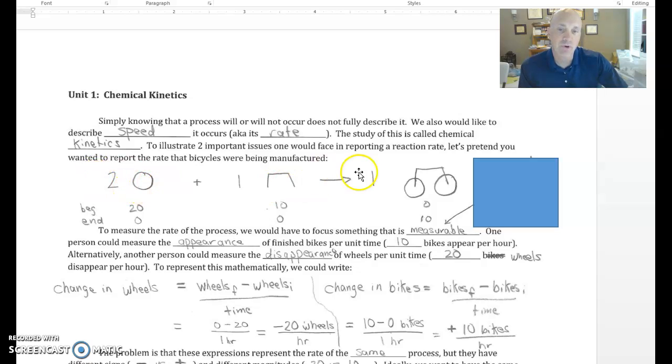But remember, if we're doing this with a chemical reaction, things aren't as easily countable as if we were dealing with objects in the real world. So for chemistry, we need to make sure that we're focusing on something that is measurable. Just a quick overview, and we'll talk more about this later.